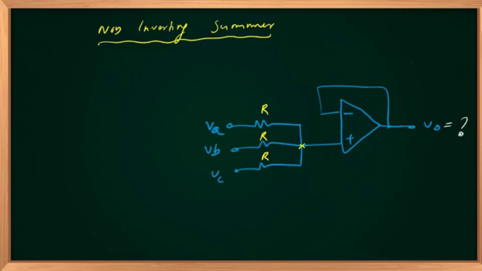So for making it easy, let us assume this is 1 volt, this is 2 volts, this is 3 volts, R1 equal to 1 K, R2 equal to 2 K, R3 equal to 3 K. All values are here.